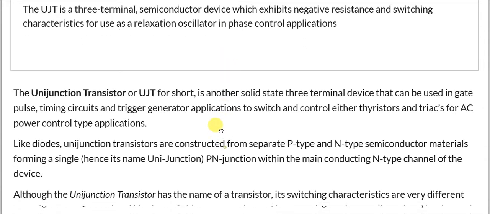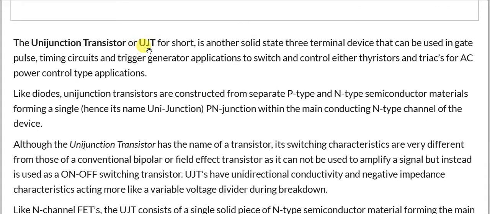The UJT is another solid state 3-terminal device that can be used in gate pulse timing circuits and trigger generation applications. Short pulse triggered applications are where you want to operate or run a certain device. It is used to switch and control a thyristor, another special device which we will discuss in another topic.